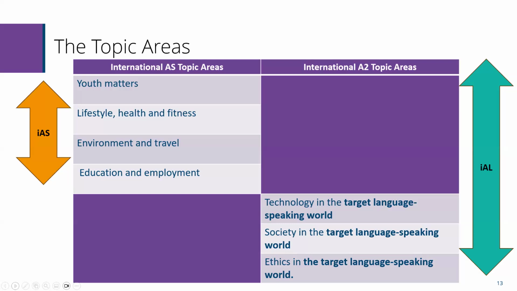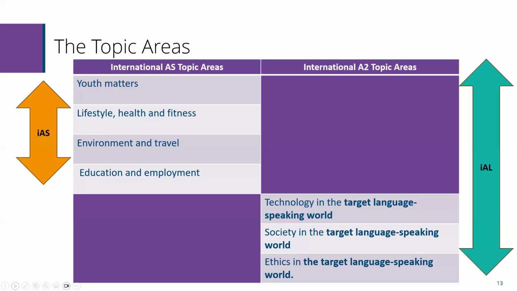Okay, so if they're going to talk about technology and they're going to talk about the use of social media, for example, that isn't social media globally. That is, if we're talking about France, that's how much Macron uses X as a means to communicate with the population or that kind of thing. So those examples need to be rooted for technology, society, and ethics.